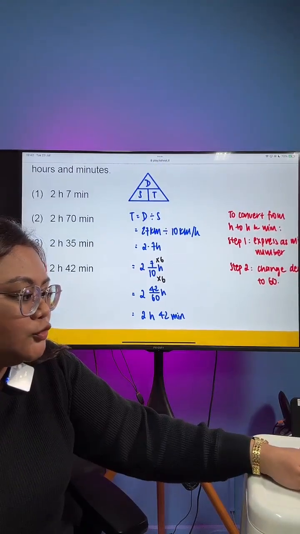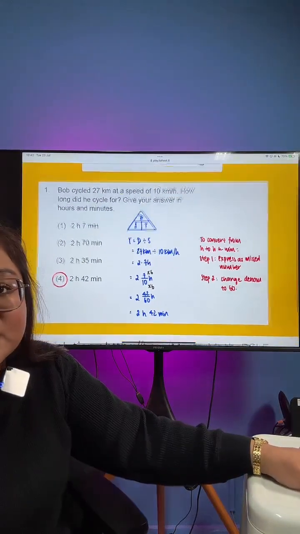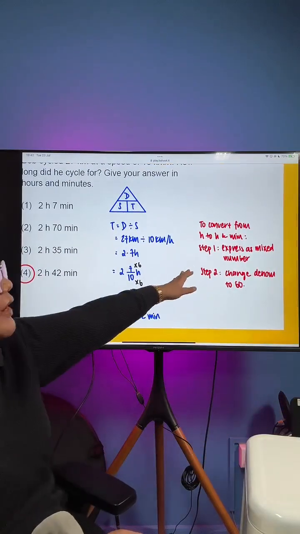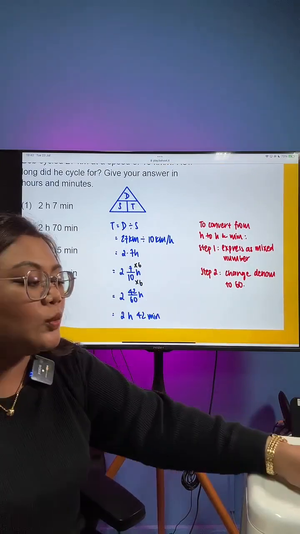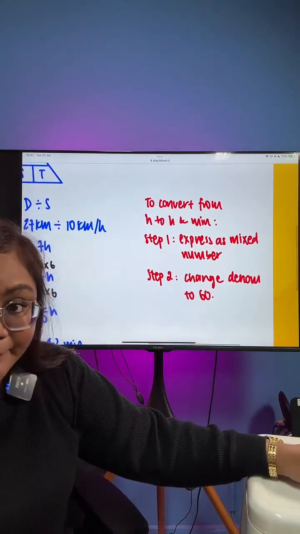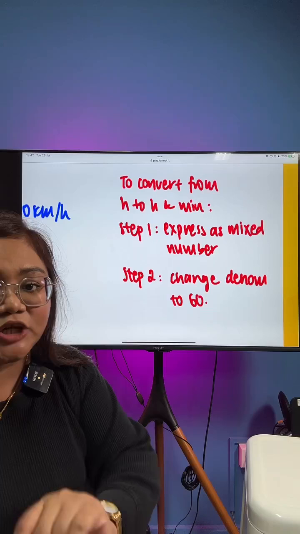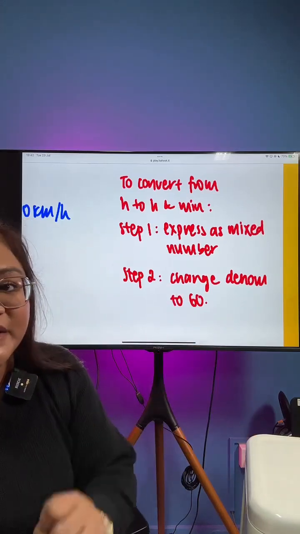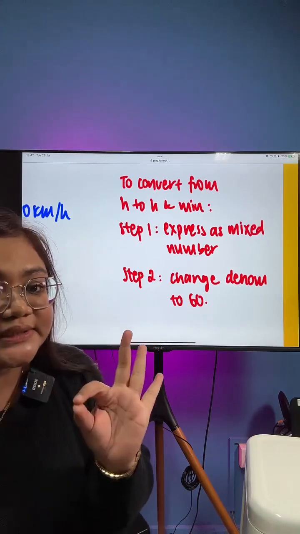So what you want to do, just a quick one here, we will use this later on. What you want to do is to actually express as a mixed number. You will want to first express as a mixed number, then you change your denominator into out of 60 so that you can retrieve the minutes. Okay, everybody? All right.